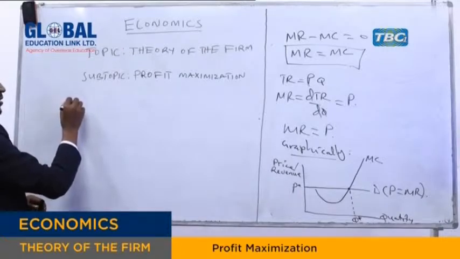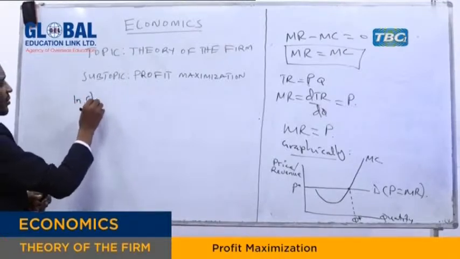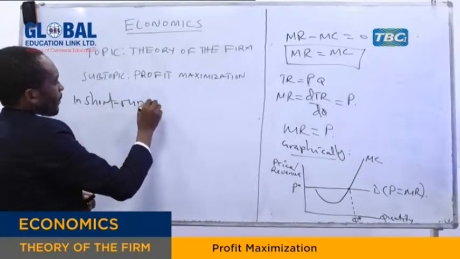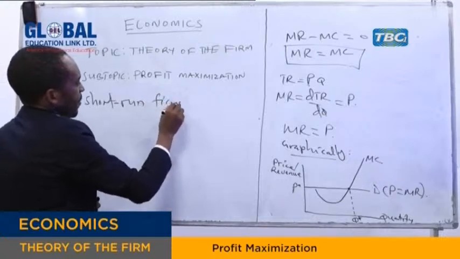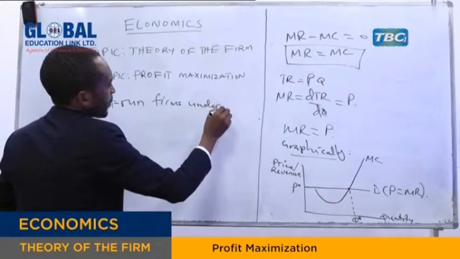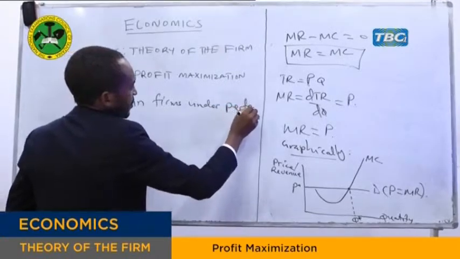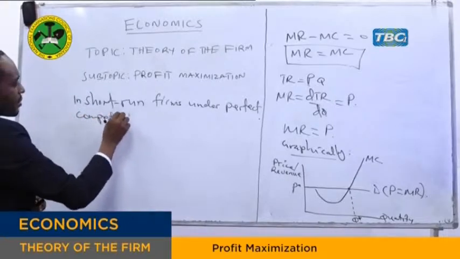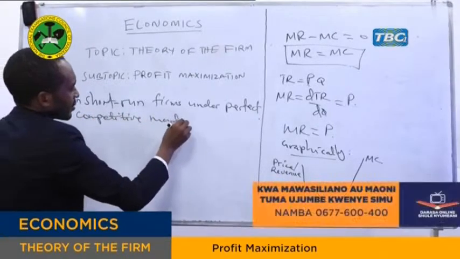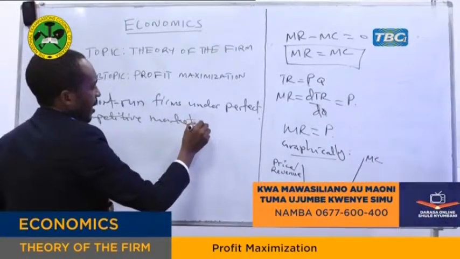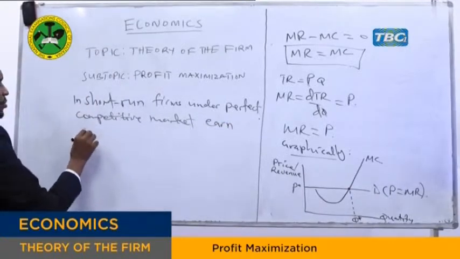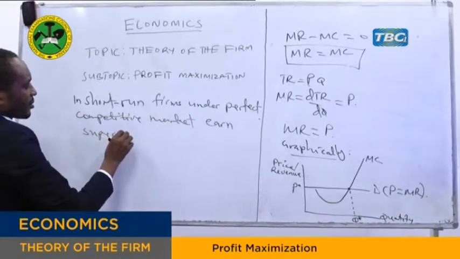So let us look at whether the firm in the short run, firms under perfect competitive market, earn supernormal profit.